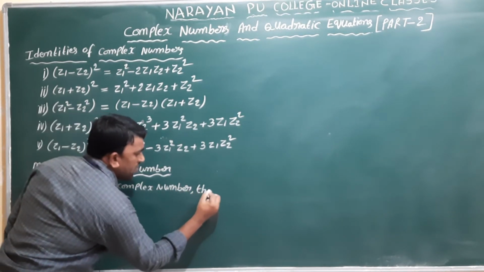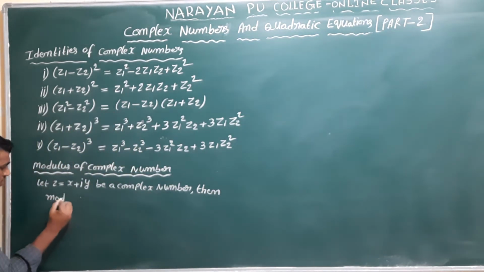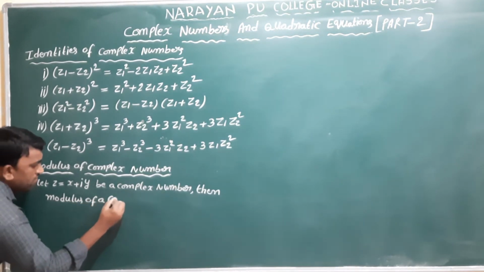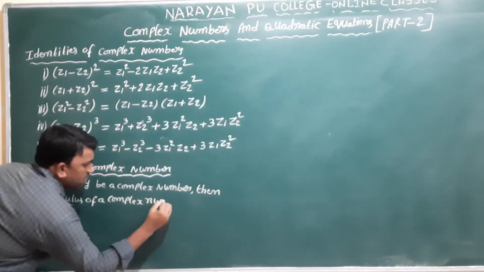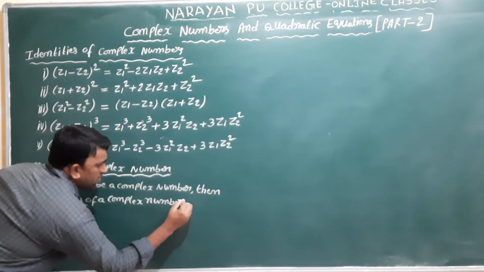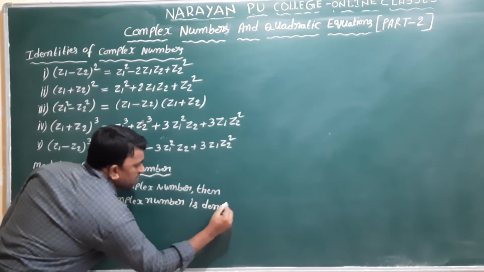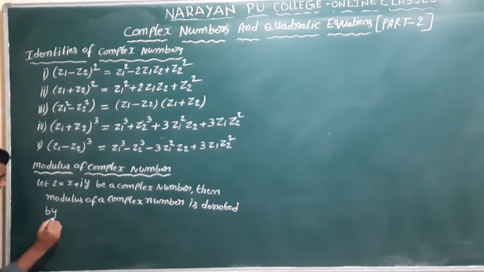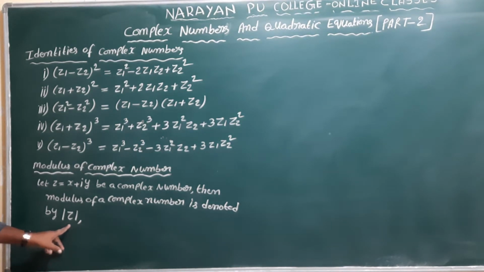Then modulus of a complex number is denoted by modulus z. So symbol modulus z. How to read modulus z?